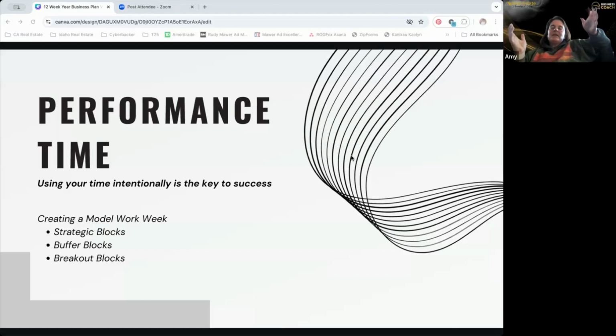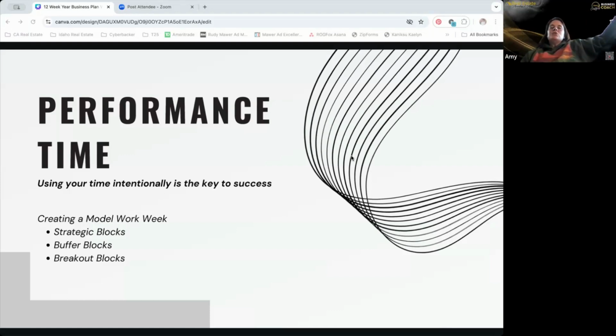Okay, so if you're like, I work Monday through Friday from 8 to 5. Sometime during that time period, we're going to take 3 hours for what we call breakout time. And that's like mini vacation time for you. Okay, it's a chance to recharge and refresh. So it may be a time that you go get a massage.